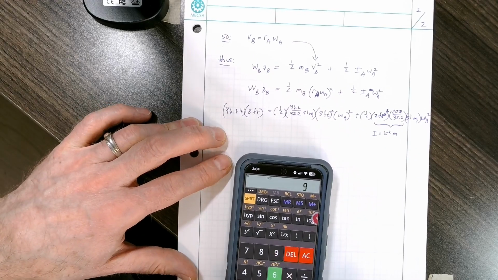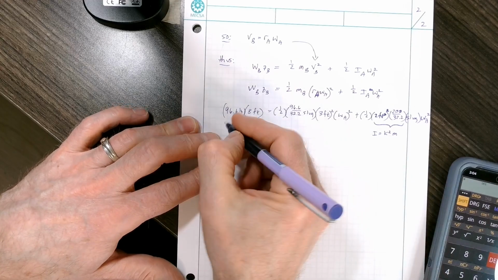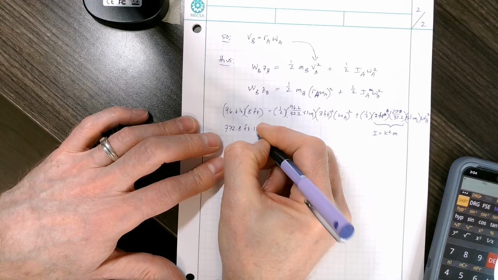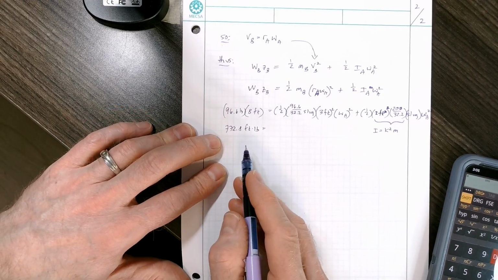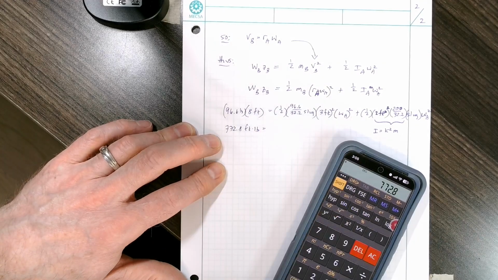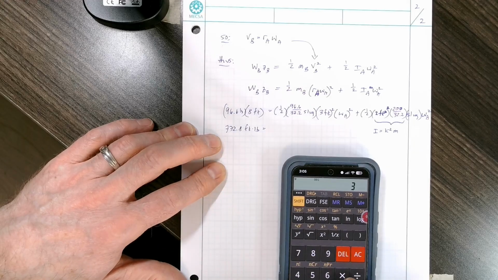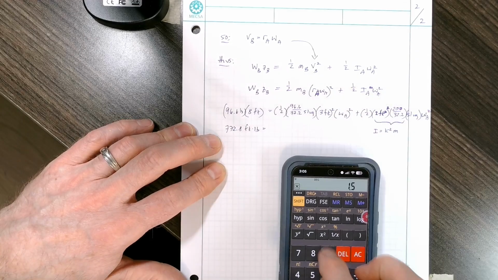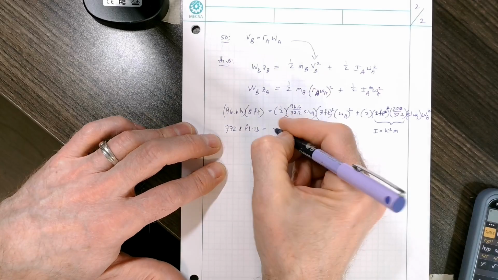So I got 96.6 times 8, which is 772.8 foot-pounds of energy. That's the motive source here, the potential energy. And that equals 1/2 times 3 slugs times 3 squared, which is 9, so it's 13.5 omega A squared.